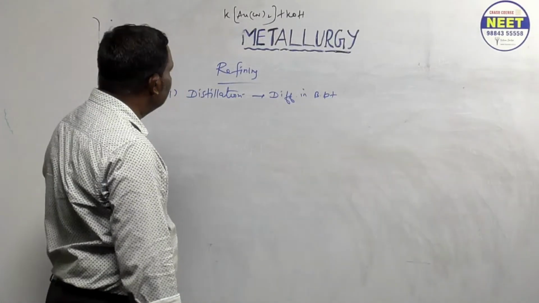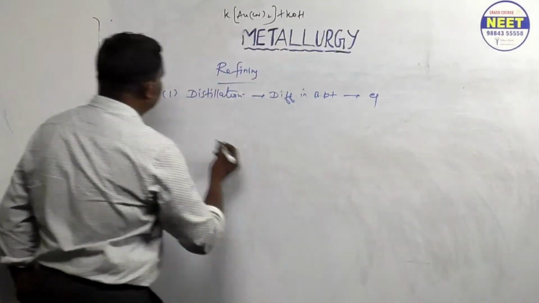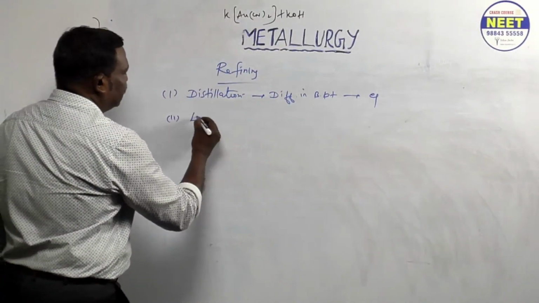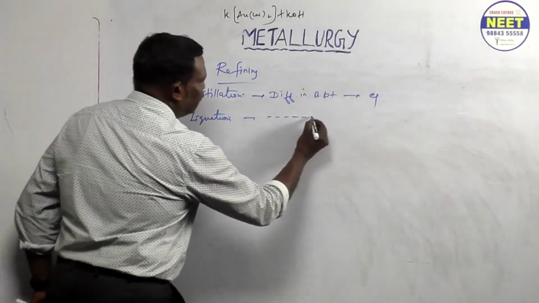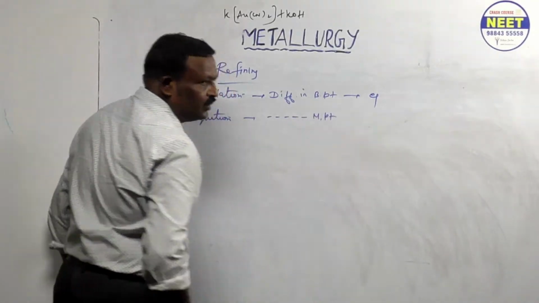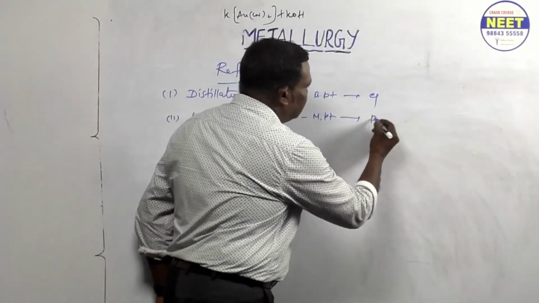Okay, understood? Examples, go through your textbook, it is given. Then liquefaction. Liquefaction means difference in melting point. Mostly the lead extraction we can do by this method.